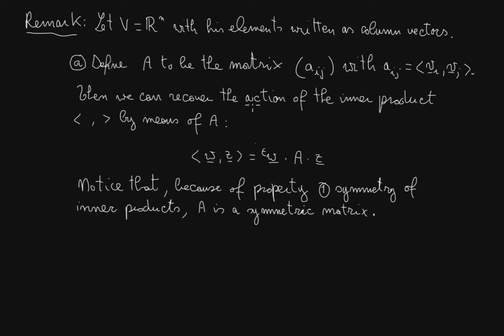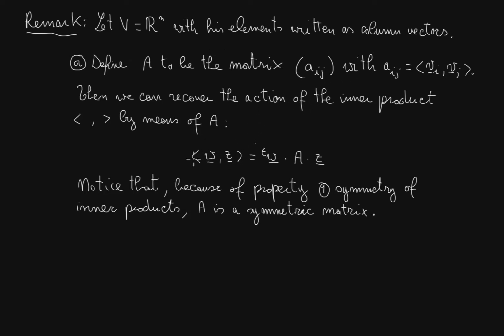Then we can recover the action of the inner product by means of the matrix A. So we have n squared scalars, and since they depend on two indices, it is natural to ask ourselves if arranging them in a matrix, we can actually use the algebraic structure of matrices in order to recover some information about the inner product. And the answer is yes.